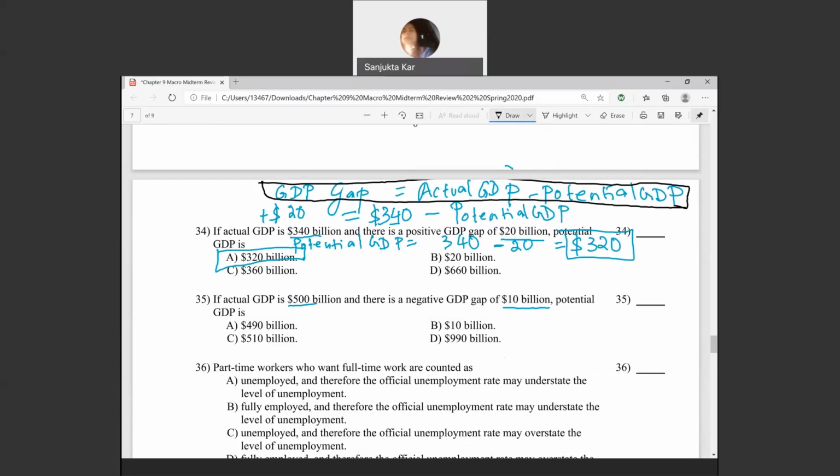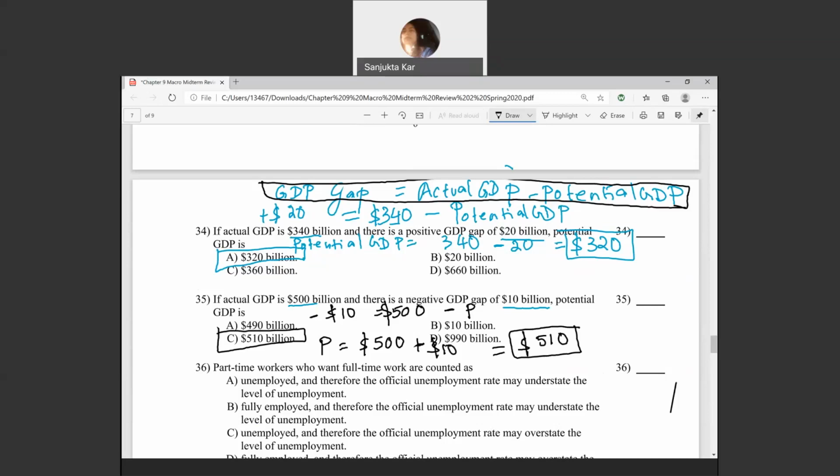I have a negative GDP gap, so negative 10 billion is equal to 500 minus potential. I'm going to move potential to the left and move this 10 to the right, so this negative 10 becomes a positive 10. My answer will be $510 billion. This is the answer to this question.